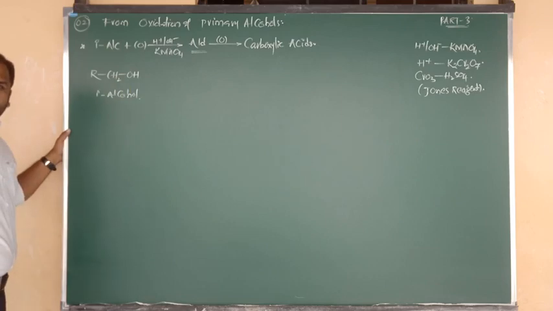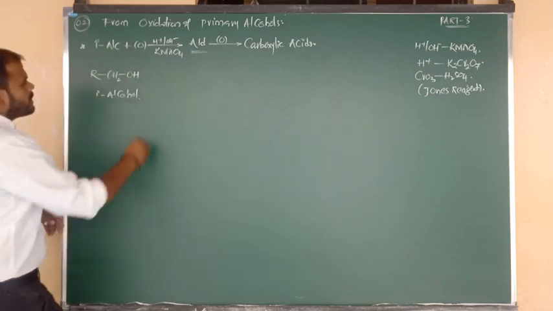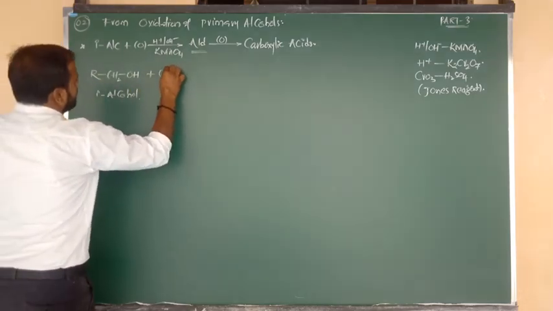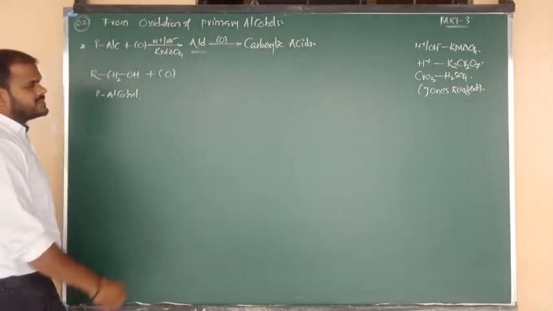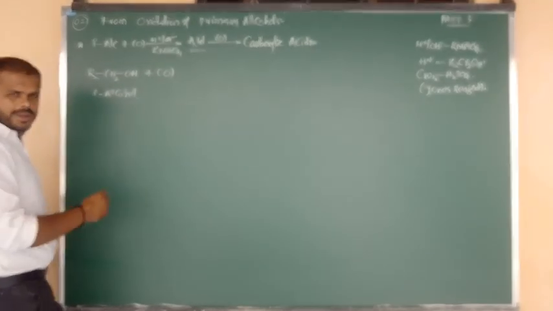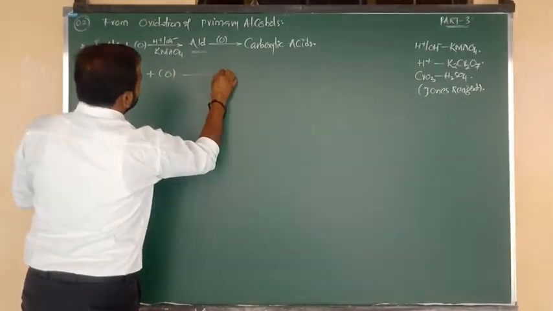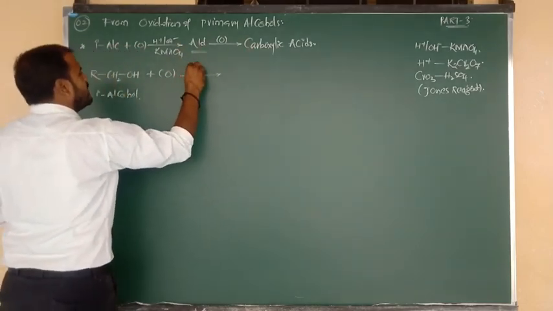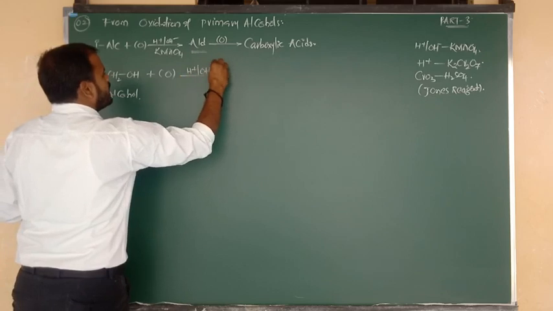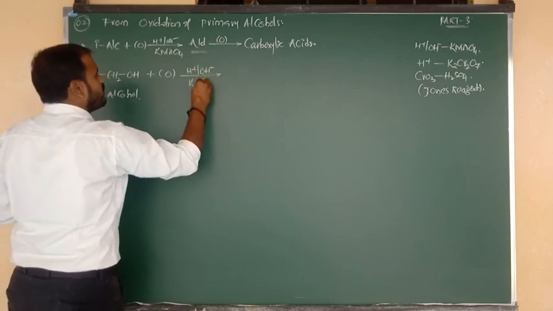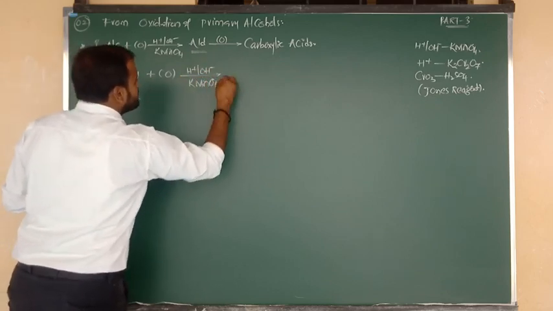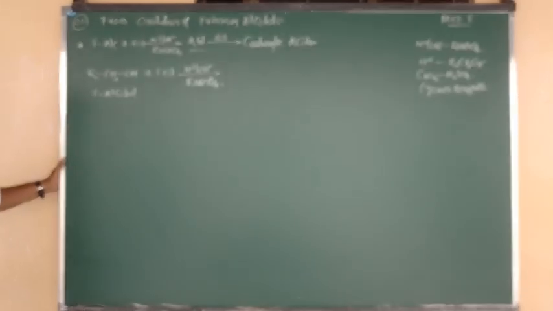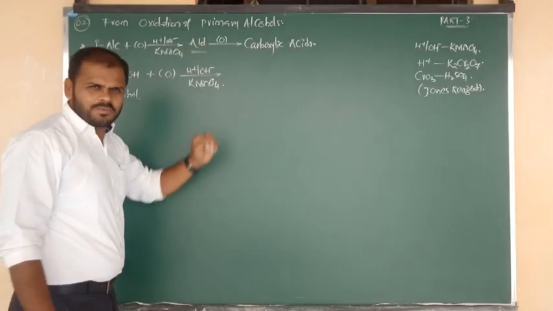Such a primary alcohol undergoes the process of oxidation, means addition of oxygen. Primary alcohols upon oxidation, and this reaction takes place in acidic or alkaline KMnO4, potassium permanganate. So now what is the product we are going to get?